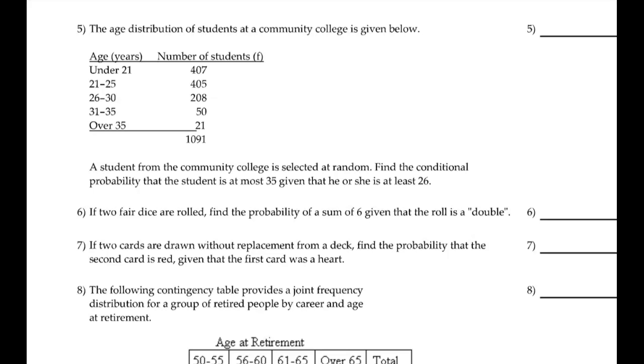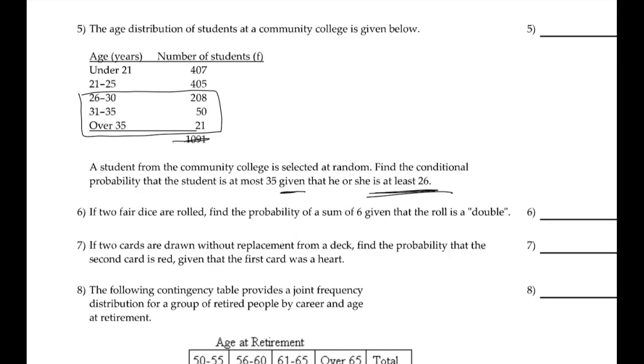Find the conditional probability that a student is at most 35 given that he or she is at least 26. So we're going to use kind of common sense for a minute. We're going to ignore the formulas and just go with what does a conditional probability mean? Given that they are at least 26 means I am now going to limit to this group of people. No longer have a full 1091.